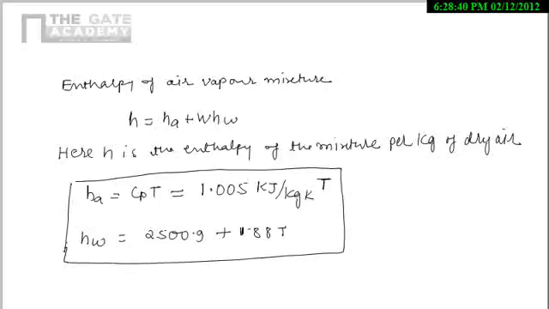So these two formulas are very important in calculating HA, that is CPT, and HW, that is 2500.9 plus 1.88 T. If you plug the HA, HW values here, we can easily get the enthalpy of air.